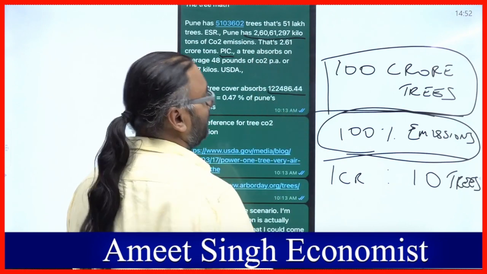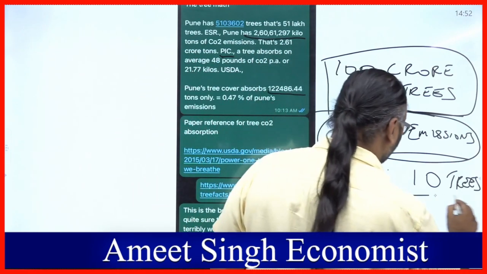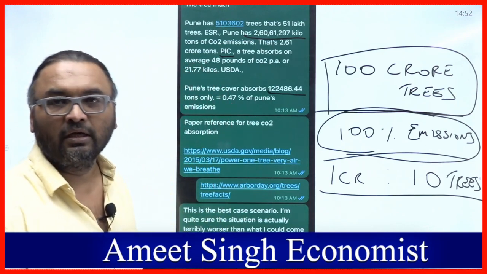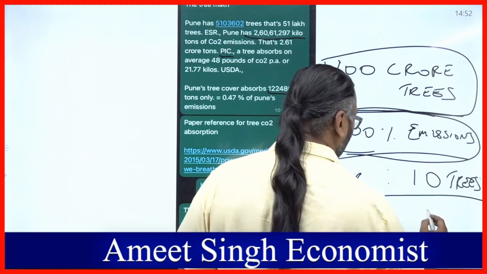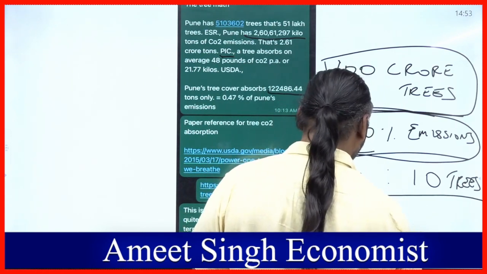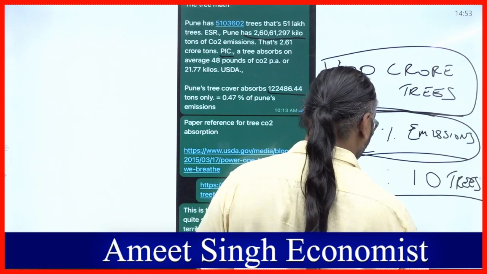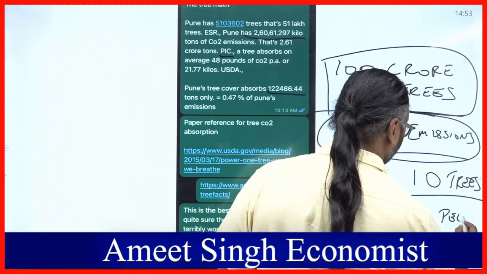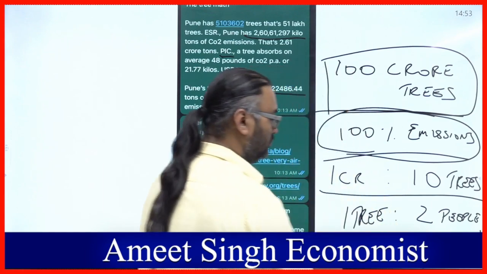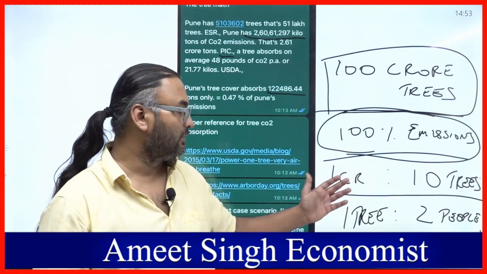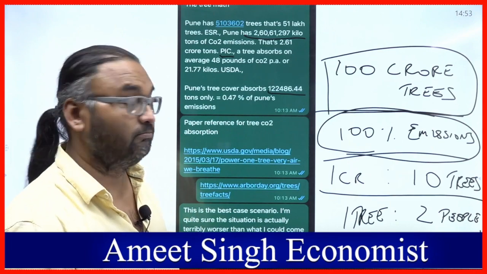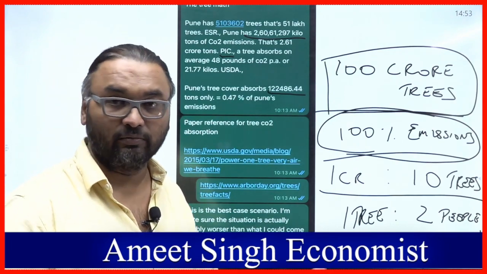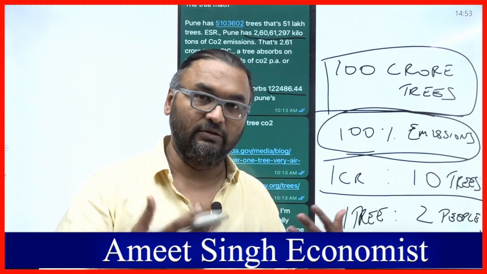So instead of having 10 trees per person, current day, my circumstances are that I have only 1 tree for 2 people. So I have 0.5 trees per person. That is the problem of population versus emissions versus trees.